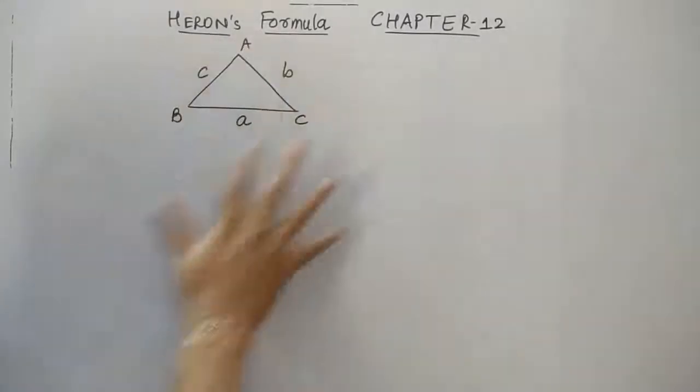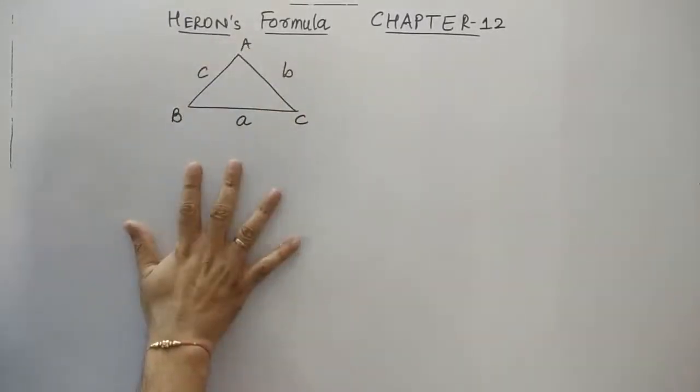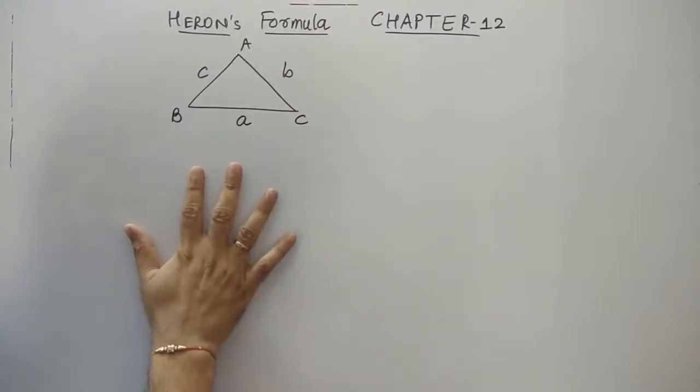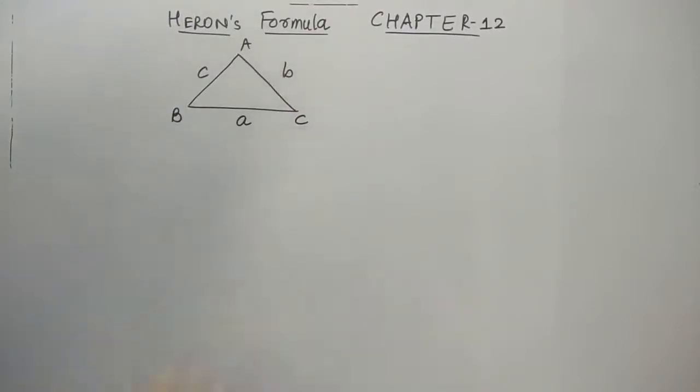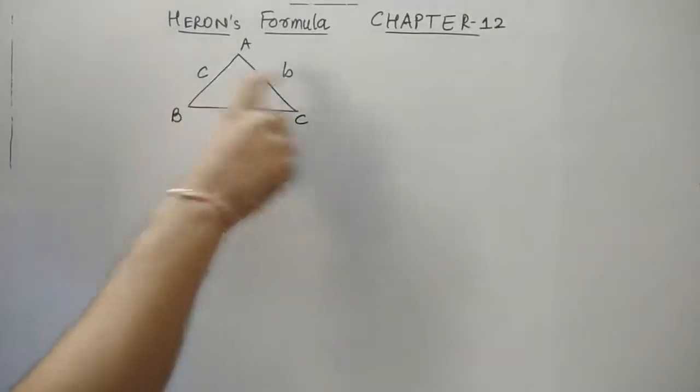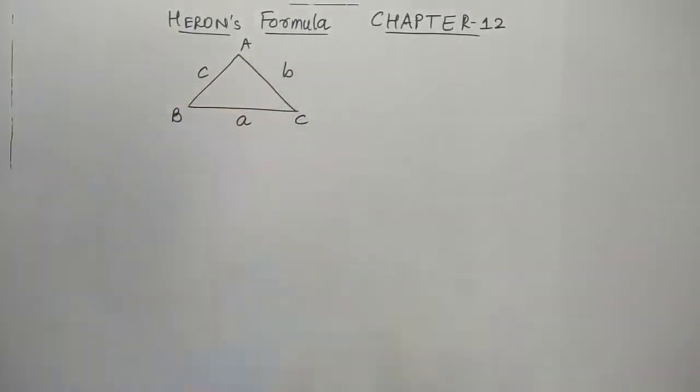So how do we find the area of this triangle when you don't have the length of the altitude, or it is not an equilateral or isosceles triangle? That means you have all three sides, so how will we find the area of this triangle?